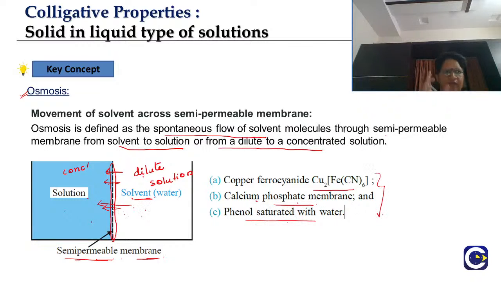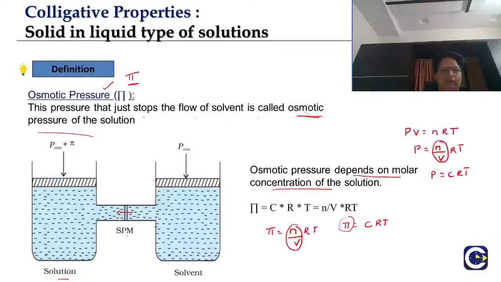If we apply some pressure to prevent the flow of water from a dilute solution to a concentrated one, we call it osmotic pressure. Osmotic pressure is given by pi. Pi is equal to CRT, where we take the concentration as molarity. For elevation in boiling point and depression in freezing point, we also take it in terms of molarity.